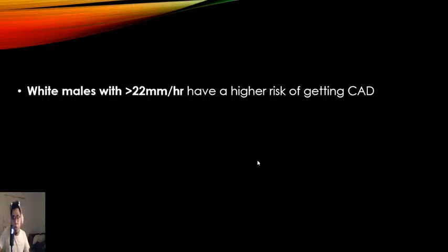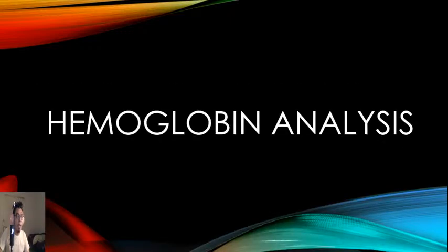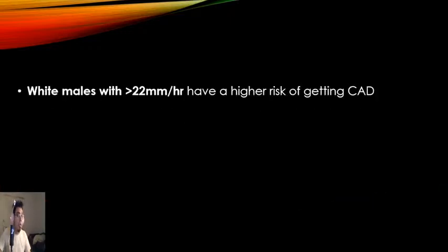In some institutions, here in our hospital, it's around 0 to 15. If you're a person with a family history of coronary artery disease or coronary heart disease, and you always get results of greater than 22 millimeters per hour, you're probably at risk. Okay?